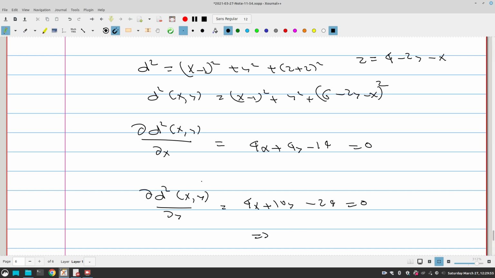Solving these two equations simultaneously gives me x equals 11 by 6 and y equals 5 by 3. This is worked out in the book.